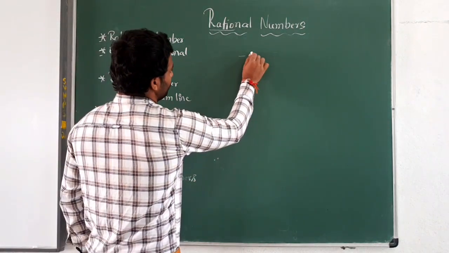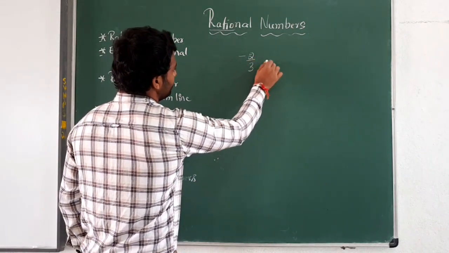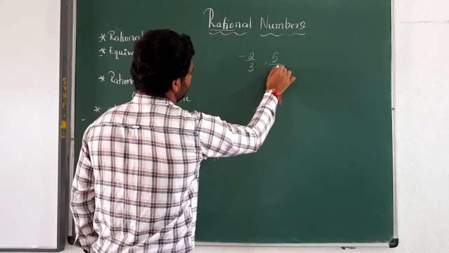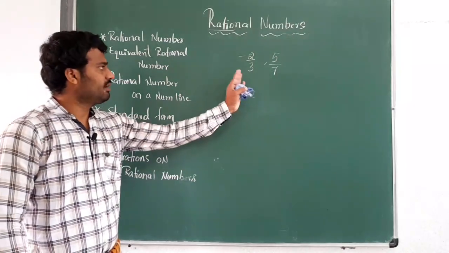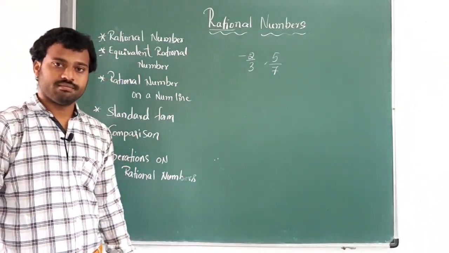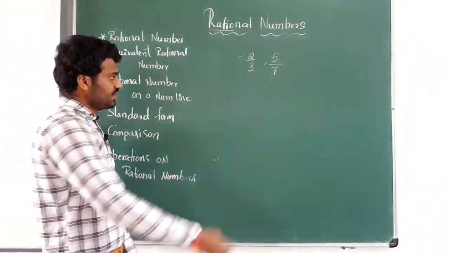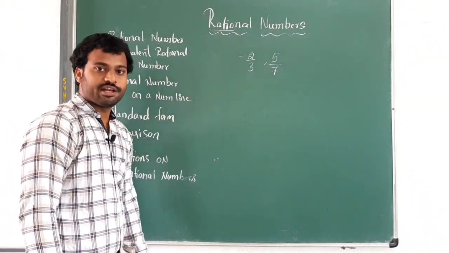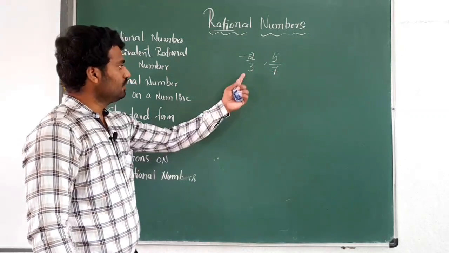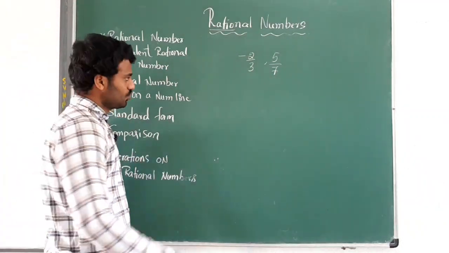See, so minus 2 by 3, 5 by 7. We leave aside the positive and negative numbers. Now just try to convert the denominators to the same. For that we have to find out the LCM. Already we know 7 and 3 LCM is 21.